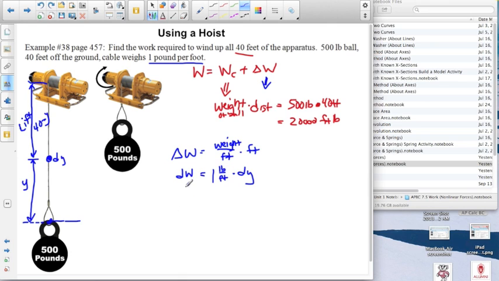And so as we integrate that, that's our weight, now our distance. So our distance that we're lifting that incremental section of cable is 40 minus y.